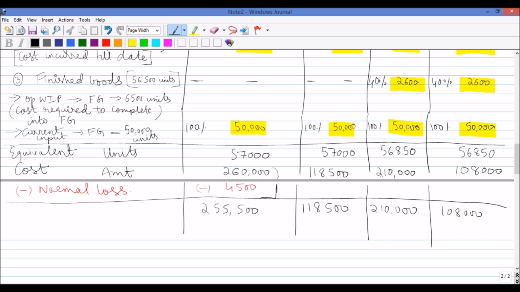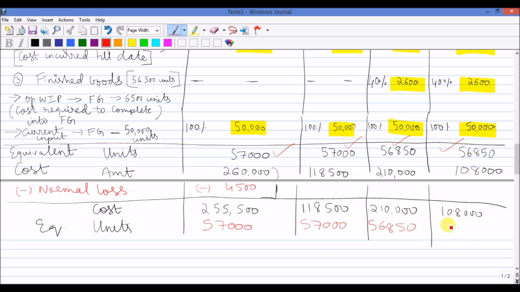Now we have the actual cost. We know the units. We know the equivalent units. So I'm just putting a tick. 57,000 is the equivalent unit. Here also 57,000 is the equivalent unit. Here it is 56,850.